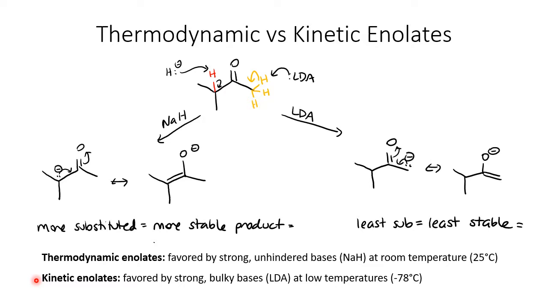Kinetic enolates, which form a lot quicker, are favored by strong, bulky bases such as LDA, and we typically run these at low temperatures since this reaction doesn't require as much energy. So you're typically going to see sodium hydride associated with 25 degrees Celsius and LDA associated with minus 78 degrees Celsius. And this is really just giving us hints as to what type of enolates are going to form.